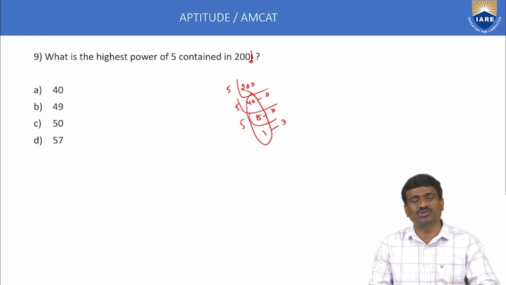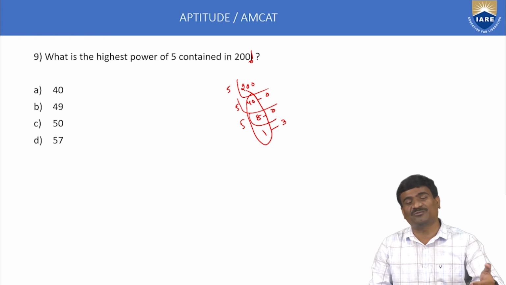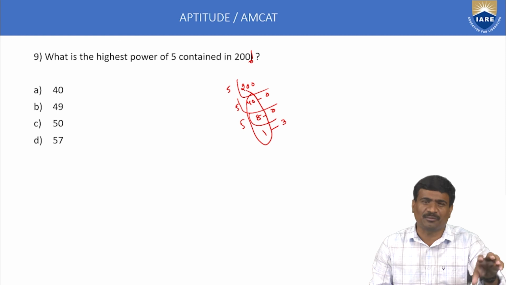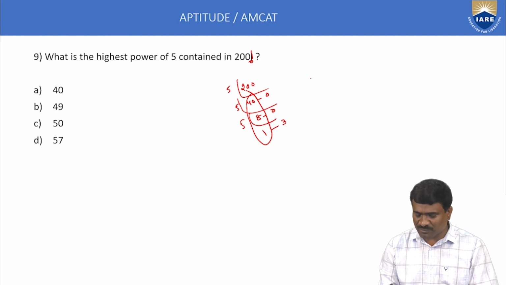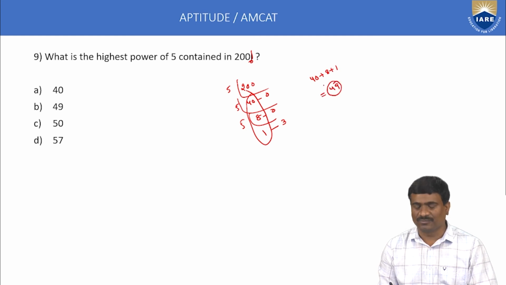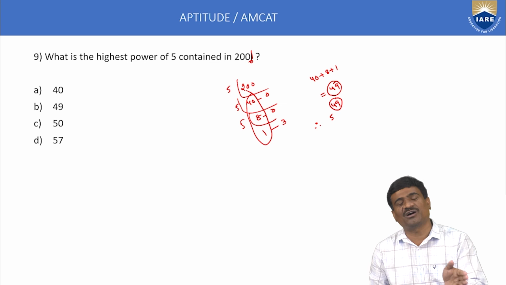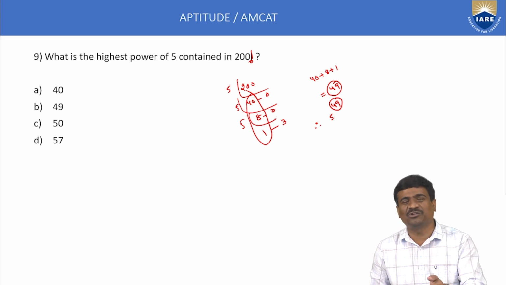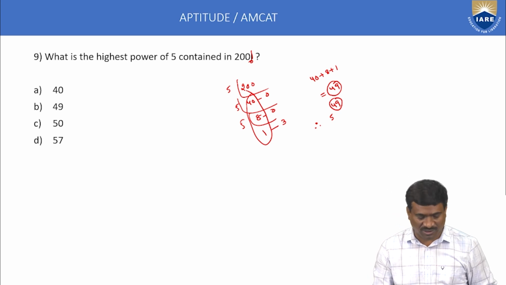If we consider the quotient, that indicates the total number of 5s in 200 factorial. Consider the sum of the quotients, that is 40 plus 8 plus 1 is equal to 49. Therefore, in 200 factorial, the number of 5s is 49. That is, the highest power of 5 is 5 to the power of 49, that is 49.